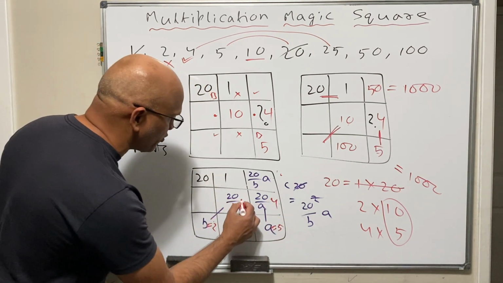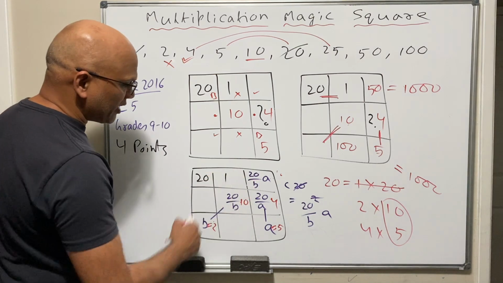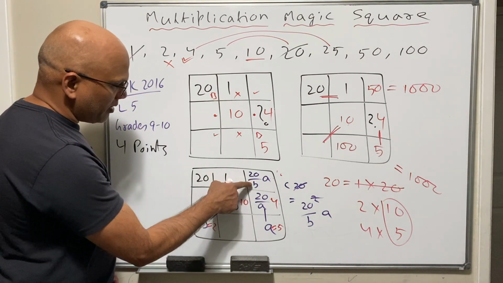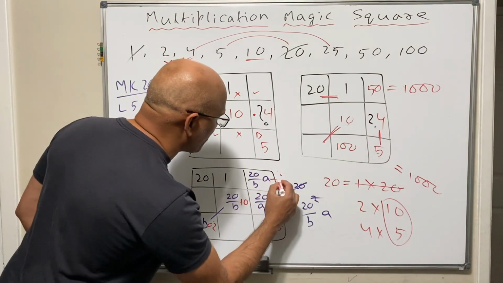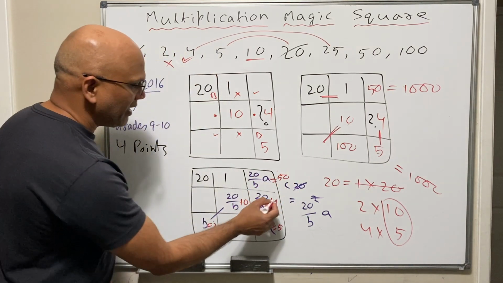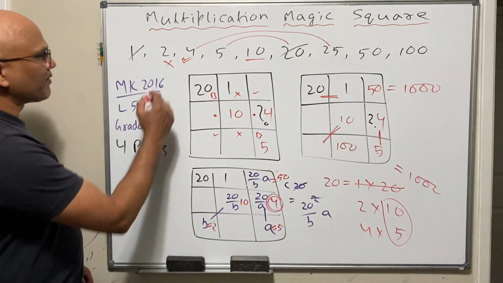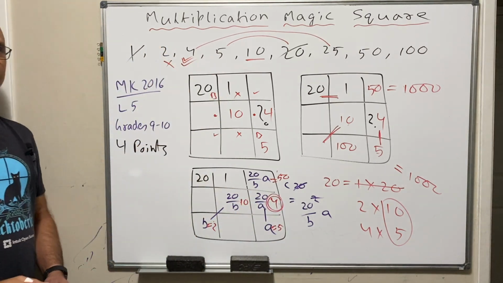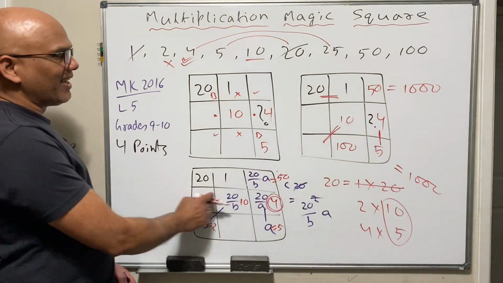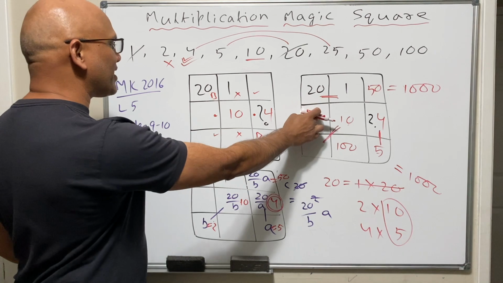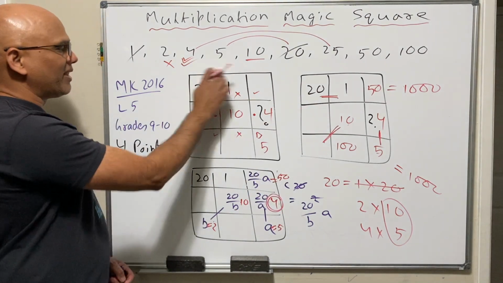If this is 2, this is going to be 10. And then this is going to be 20 by 2 is 10 times A, which is 5. So this is going to be 50, right? Then again we get the same answer, 4. This is how I tried first, then this, and when I was doing this, actually this occurred to me and this was the easiest.